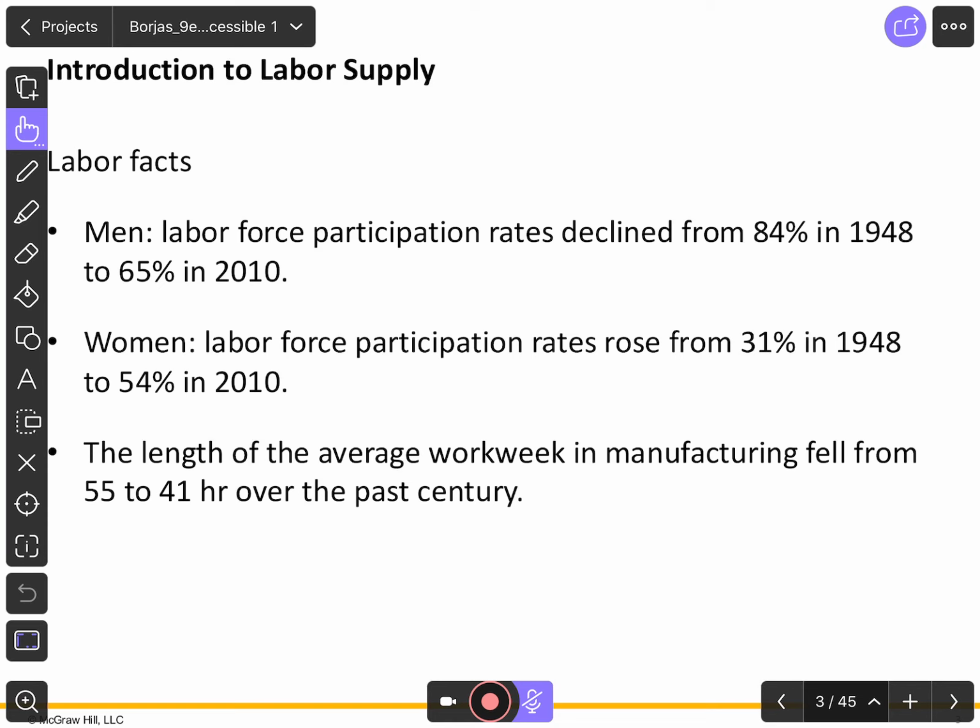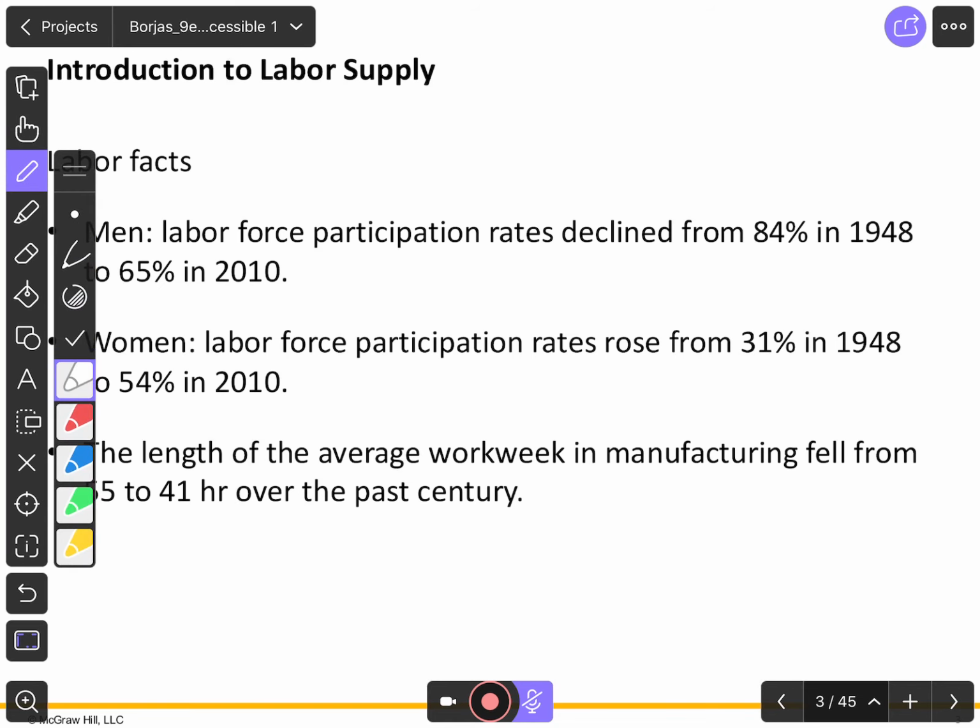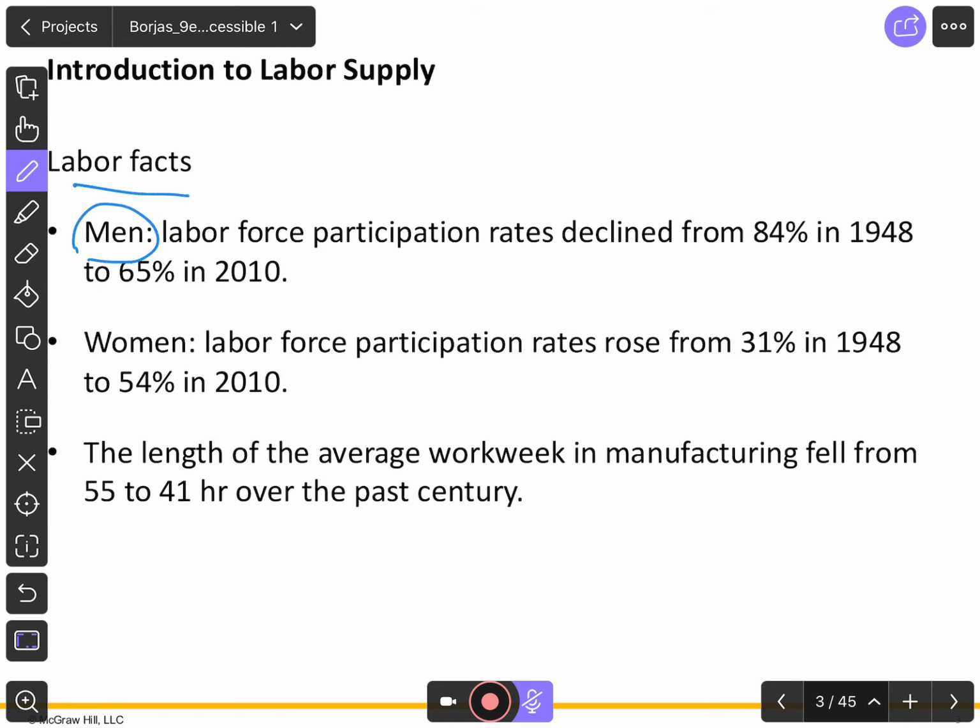So for example, when we check this slide, we are talking about labor facts related to labor force participation rate per gender, and it's basically telling us that men's labor force participation rate has declined all the way from 84% in 1948 to 65% in 2010.